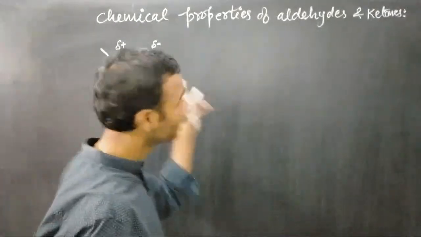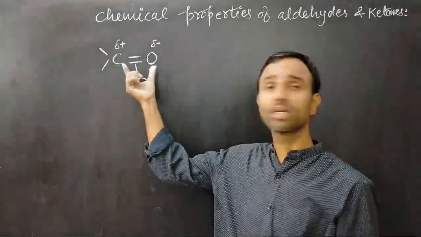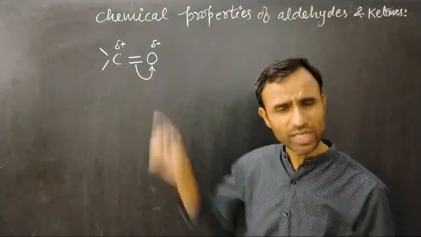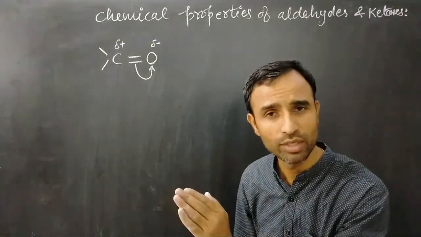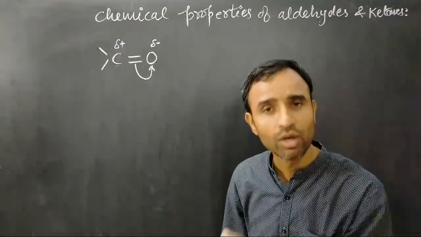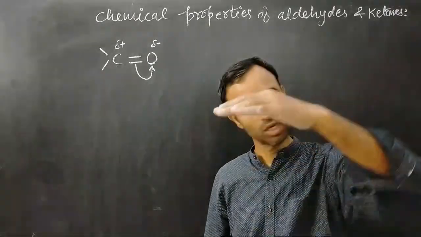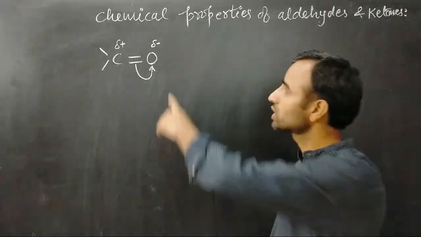So when the pi bond between carbon and oxygen shifts towards oxygen, why is it so? Because oxygen is more electronegative. That's why obviously the pi electrons will go towards oxygen.